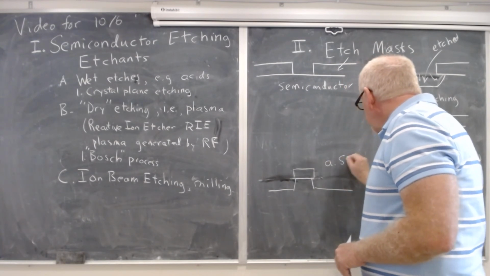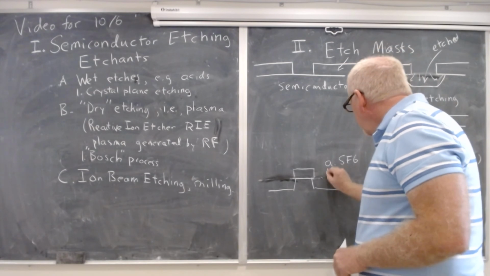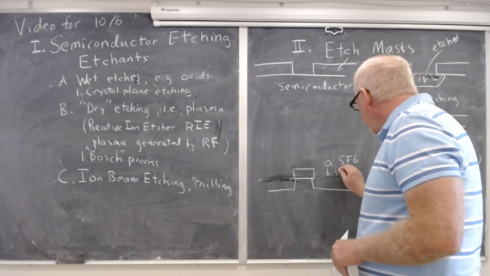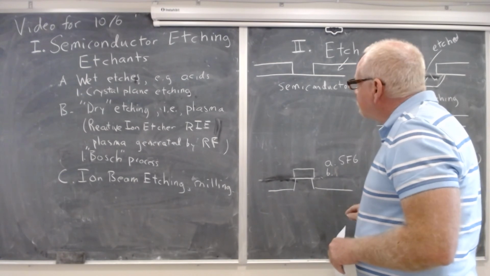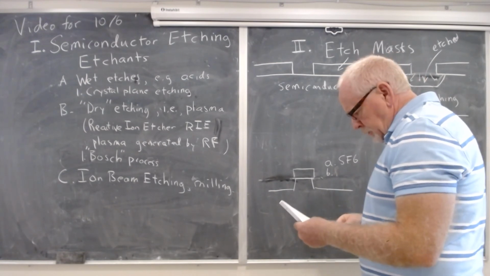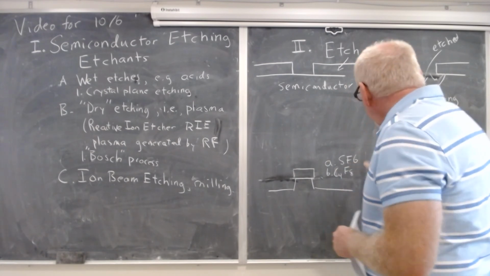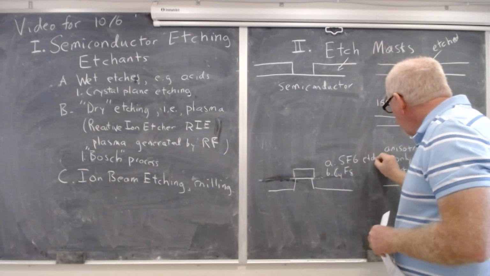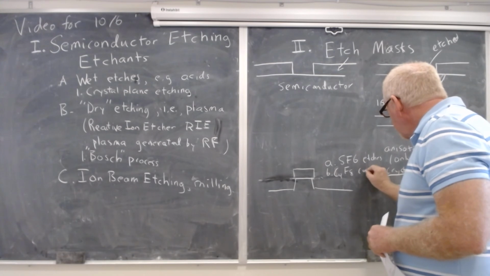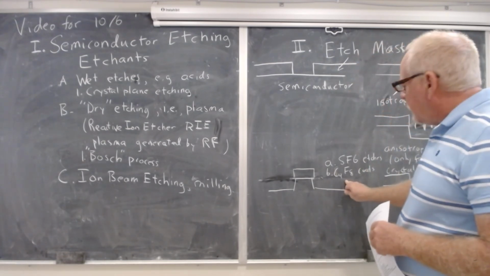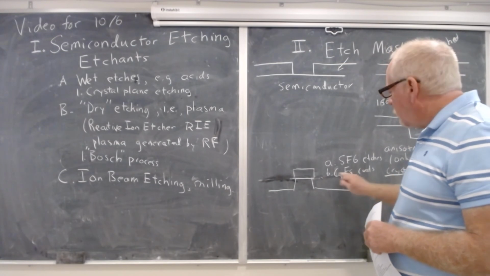So you do it in one step, and this for example could be with SF6 plasma, and then B, you do a fluorocarbon, C4F8, and so this etches and this coats, which is a little difficult to understand, how an etching process can produce a coating, but it does.